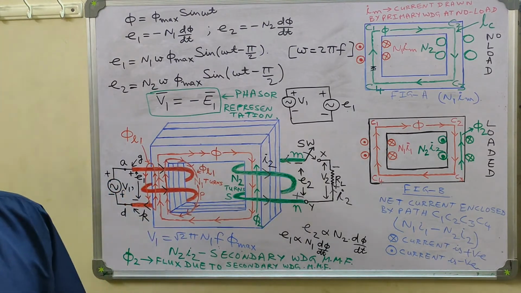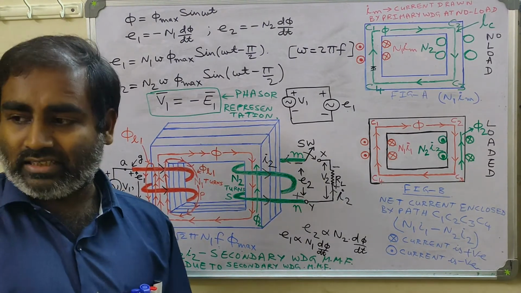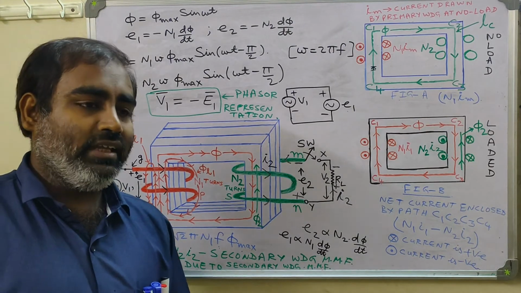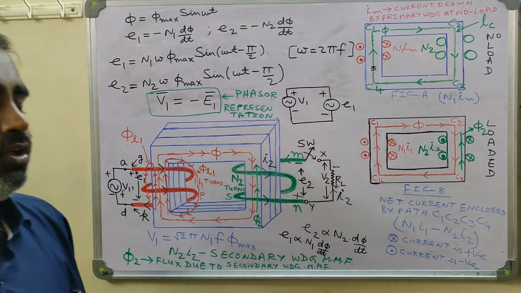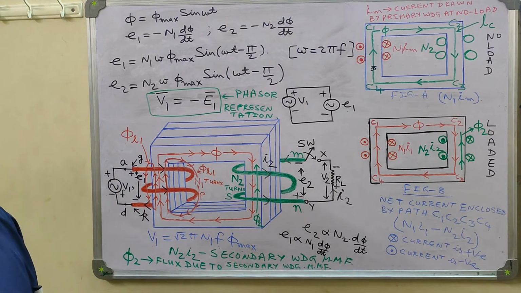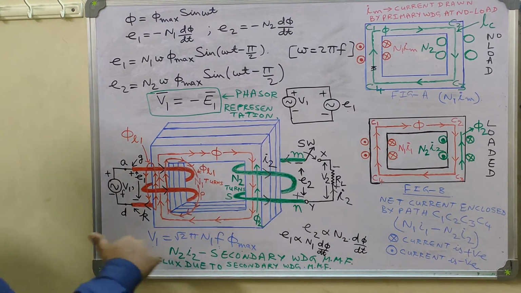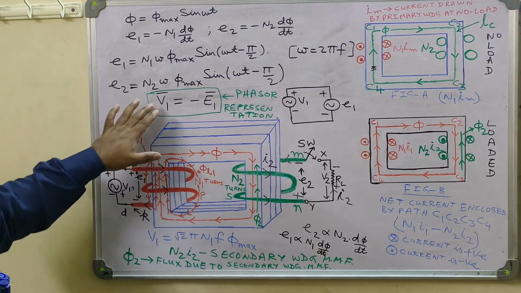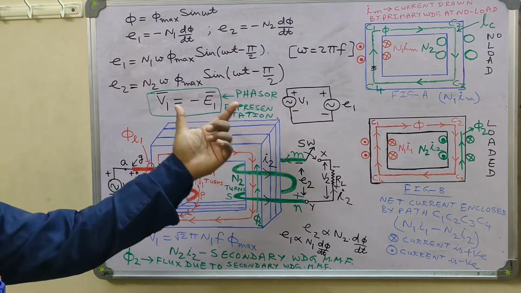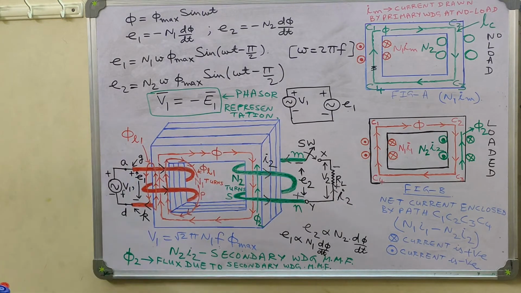The logic is that when we are drawing a time phasor diagram, we are just indicating the time instant of the maximum value which is occurring for different quantities. So that being the line of argument, in some books you may find that V1 and E1 are not indicated 180 degree out of phase.